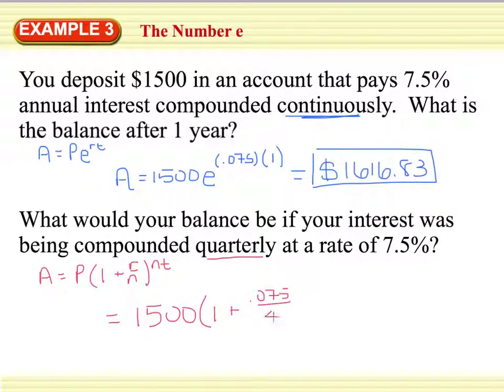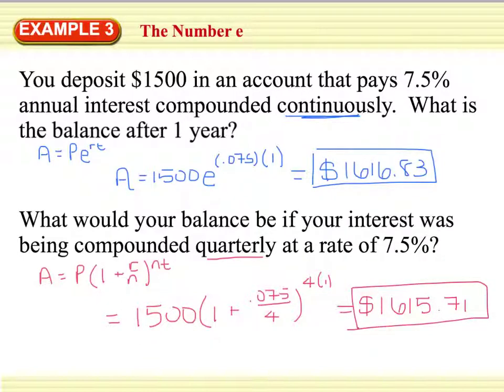Quarterly means 4 times), and I'm going to raise that to the 4 times 1. So when I plug this in, I end up with a total of $1,615.71. So a little bit less than if you were to compound it continuously.